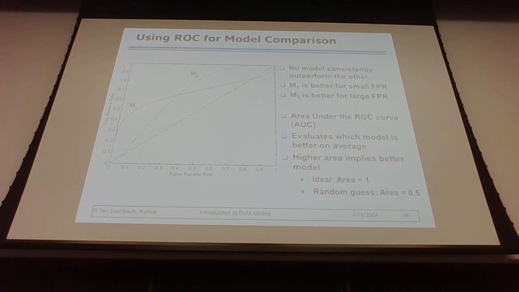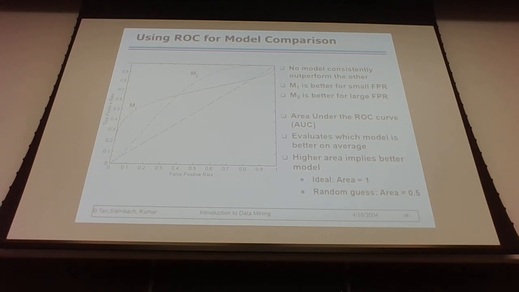Bradycardia means the heart rate slows down and the baby has breathing problems. In that case, you don't worry about the false positive rate. However many false positives, I am okay, I can go and check on the baby. But you worry about the true positive rate, which should be close to 1. So in that case, which machine will you use? You will use M2, because at higher false positive rates, true positive is higher for M2.